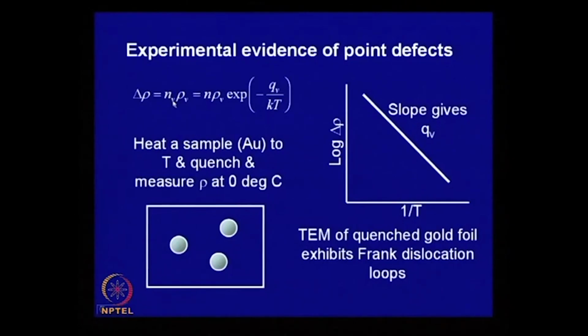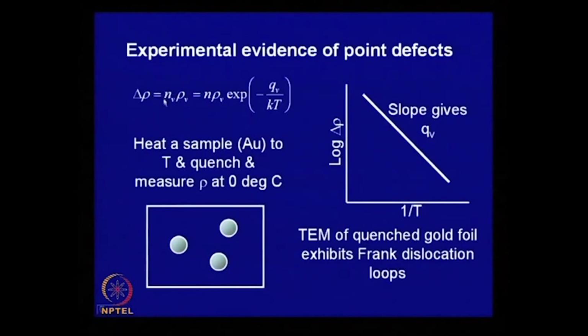So, N_V is the number of vacancies and rho_V represents the change in resistivity when you introduce one vacancy in the lattice. Therefore, if you have N_V vacancies in the lattice, this will be the change in resistivity.